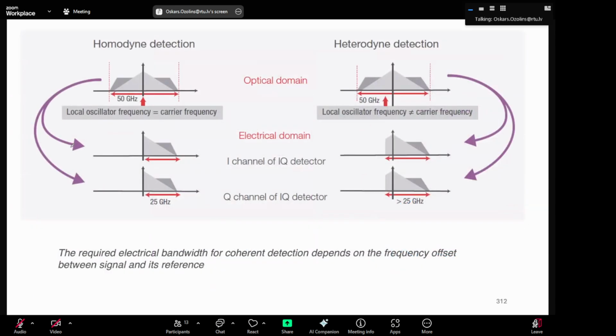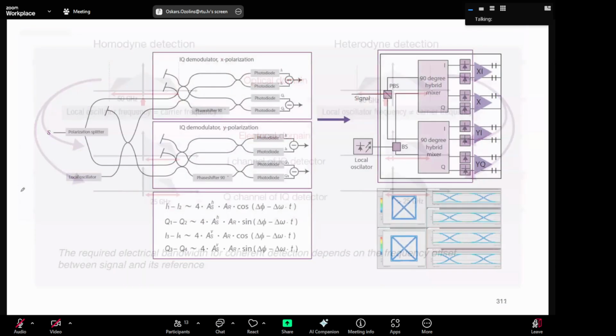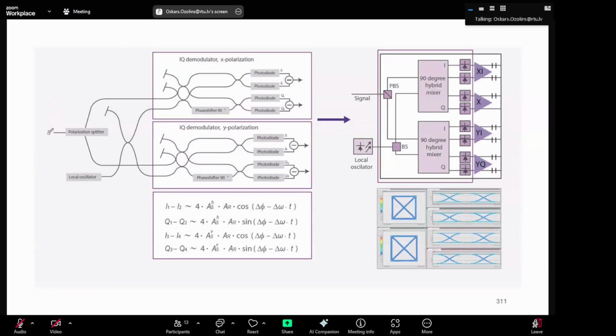Then there's one more thing which is important to know. There are different types of these detections that happen, and that is related to this local oscillator and signal. So signal is actually a laser light which is modulated.